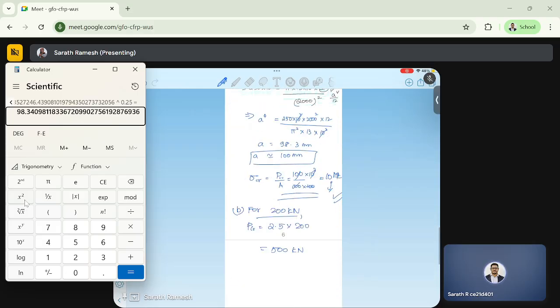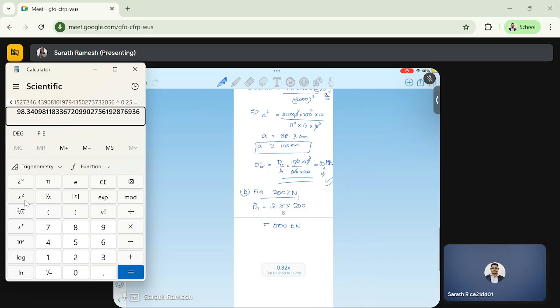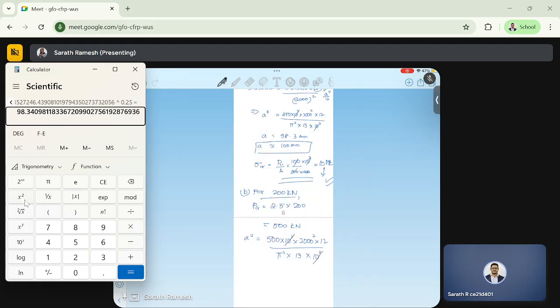A power 4 will be, I'm just writing directly, 500 into 10 power 3 into 2000 square into 12 by pi square into 13 into 10 power 3. The 10 power 3 cancels out.